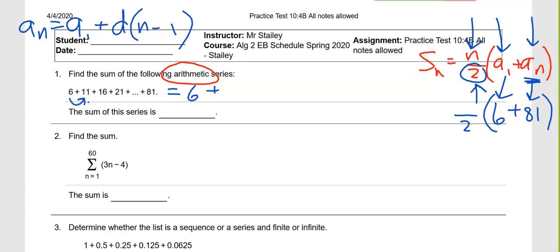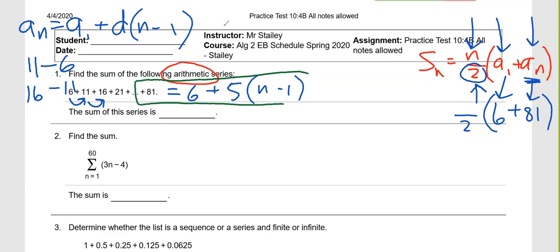How much is it going up by each time? Any term minus the previous one. Any term, it's 5, isn't it? And so the thing I showed you is you would have to solve this right here in the green box.